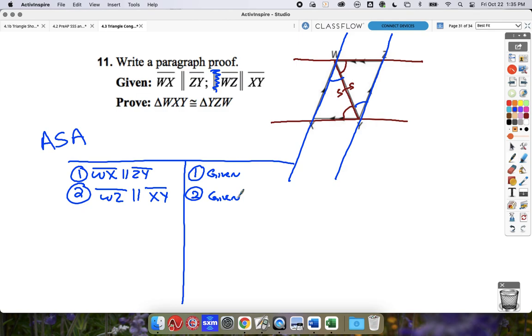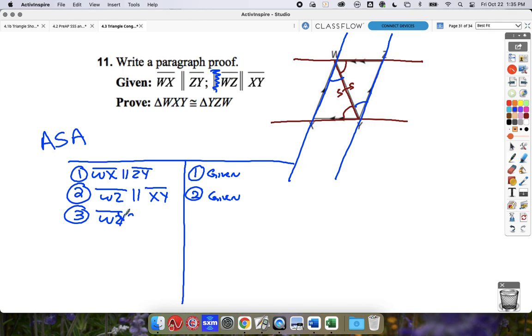Okay, so our plan of attack, we need to describe the reflexive side. We need to describe the blue angles. We need to describe the maroon angles or the red angles. Angles or sides first? Side. Side WY.